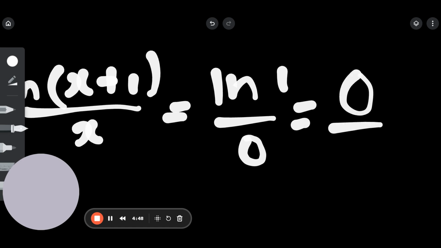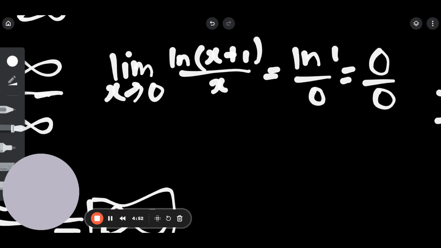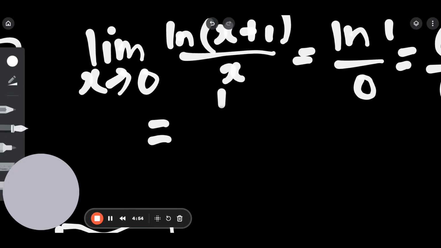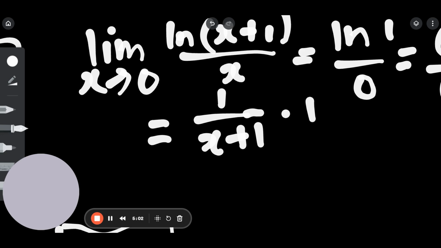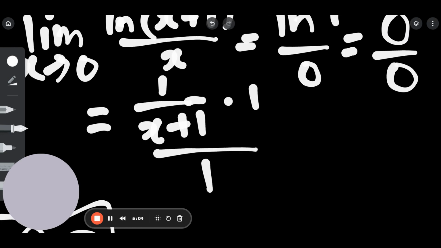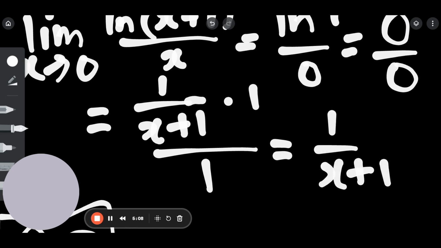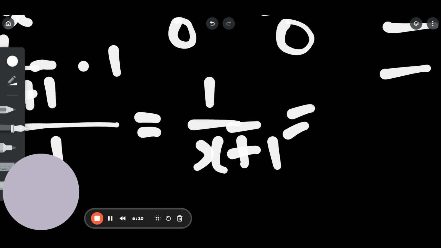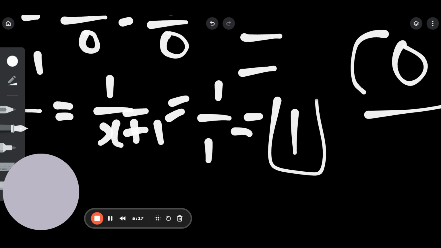So it'd be 0 over 0, and this is where we have to use L'Hopital's rule again. Now we just take the derivative. So it'd be 1 over x plus 1, since that's the derivative of ln of x plus 1, times 1 because of the chain rule, over 1. That's just equal to 1 over x plus 1, which is just equal to 1 over 1, which is equal to 1. So that's the answer for that limit.